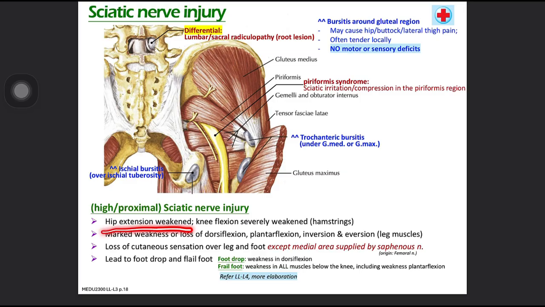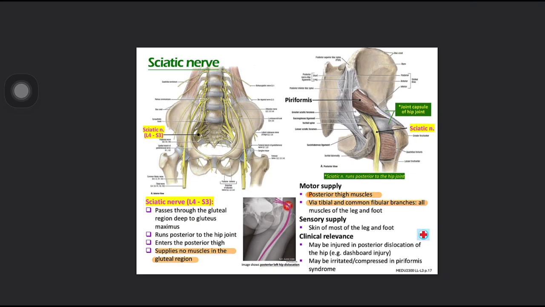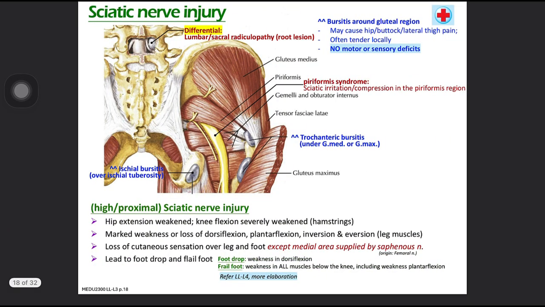Hip extension is weakened. Knee flexion is severely weakened because the hamstring muscles are supplied by the tibial branch. There is marked weakness or loss of dorsiflexion, plantar flexion, inversion, and all the leg muscles. Remember, it supplies almost all the muscles of the leg and foot, so basically they have no movement.